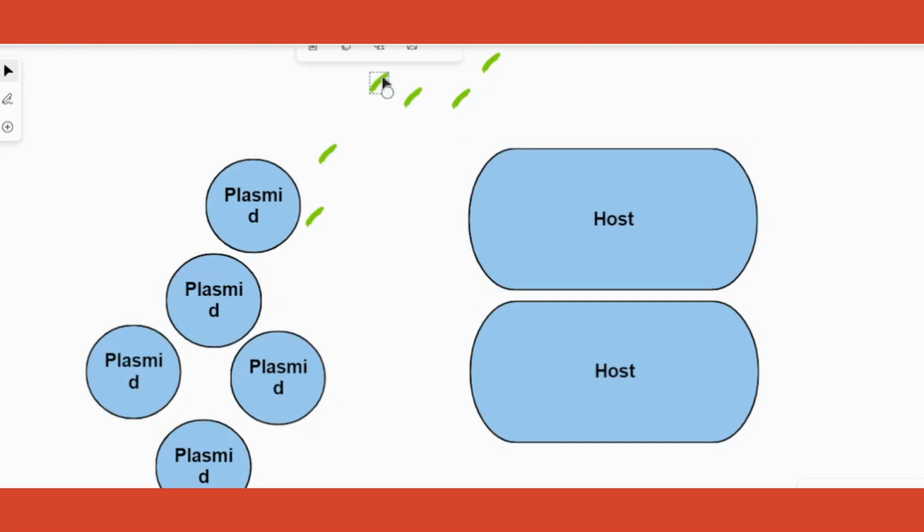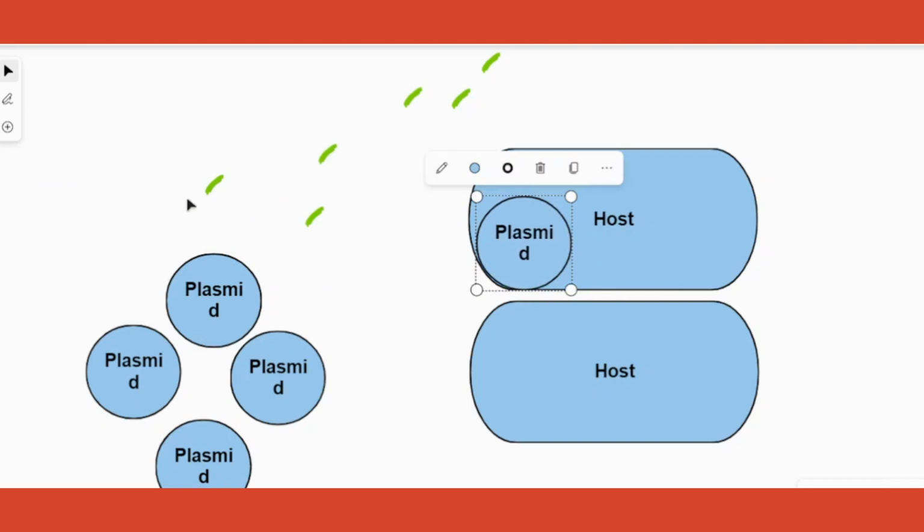Because this integration of our gene into the plasmid is a chance factor. The entire plasmid and the gene coming into the host is again a chance factor because you are using certain tools for this. So all the end product host cells may not have plasmids and gene with it. Some will be plain host cell only.